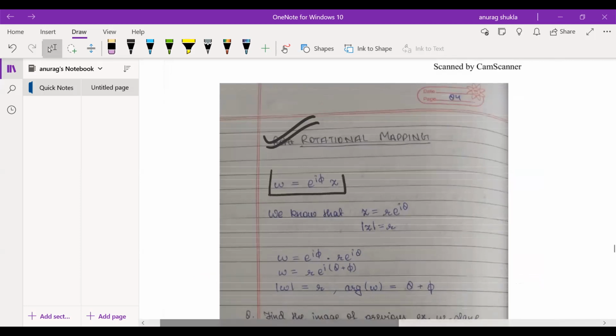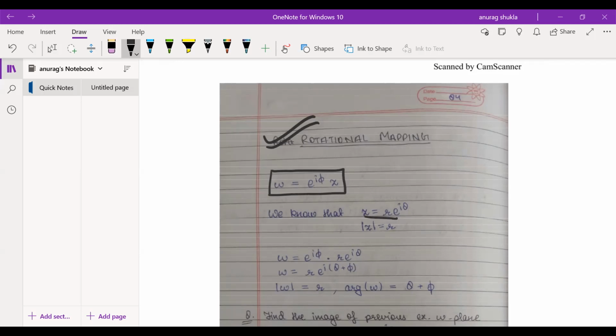In rotational mapping, we take W equal to e to the power i phi into Z. Here, phi is the rotation. Now let's compare with Z equal to R e to the power i theta.